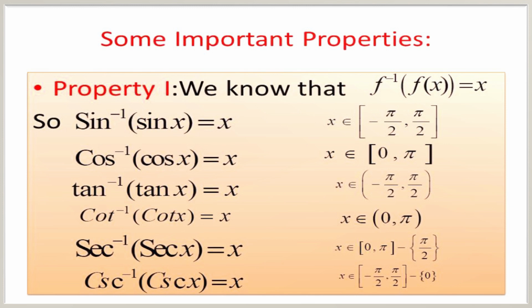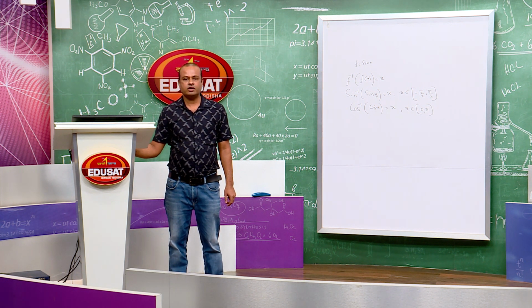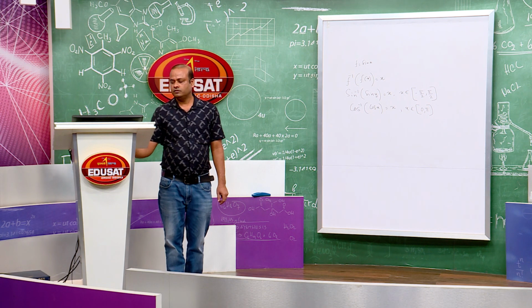In the case of cos x it is 0 to pi, and tan x belongs to the open interval of minus pi by 2 to pi by 2. All are in the range of sin inverse x. Sec inverse sec x is equal to x, x belongs to the closed interval of 0 to pi minus pi by 2, and cosec inverse cosec x is also equal to x, x belongs to minus pi by 2 to pi by 2 closed interval minus 0.